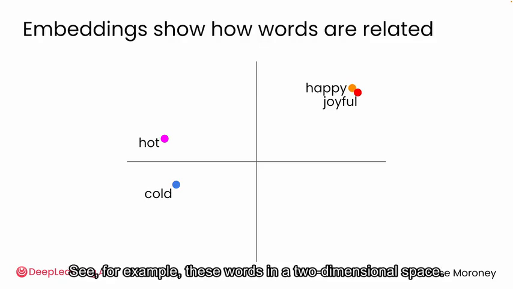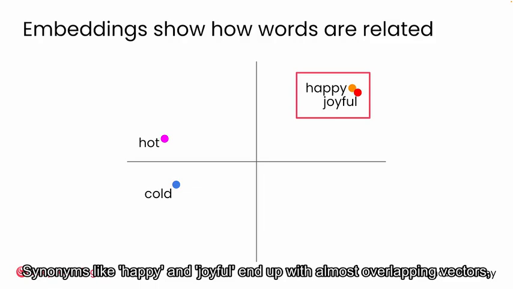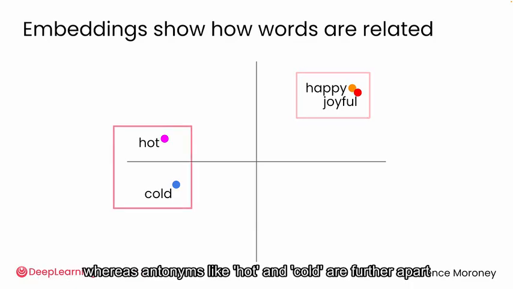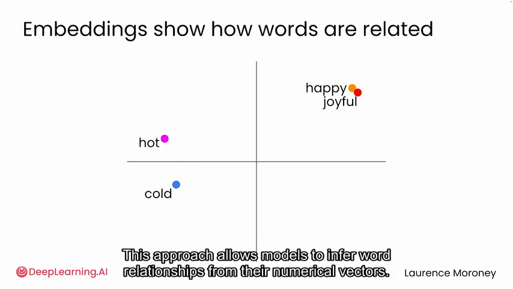See, for example, these words in a two-dimensional space. Synonyms like happy and joyful end up with almost overlapping vectors, whereas antonyms like hot and cold are further apart but remain relatively close because they share a conceptual domain, temperature. This approach allows models to infer word relationships from their numerical vectors.